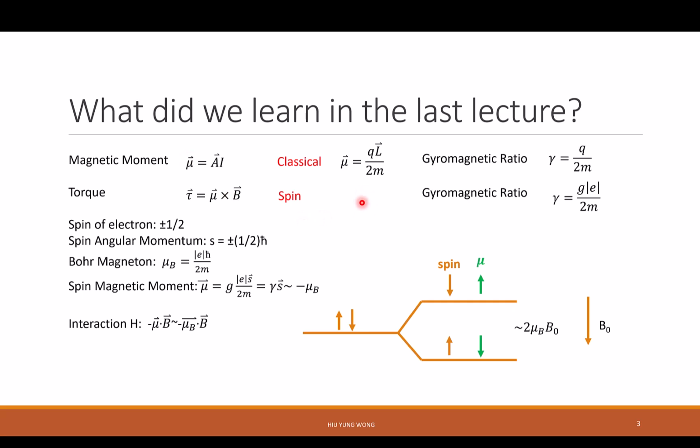Classically, the magnetic moment is related to the angular momentum by this equation, q over 2m, where q is the charge, m is the mass of the particle. And we sometimes just call it gamma, which is the gyromagnetic ratio, which means they try to relate the angular momentum to the magnetic moment, a good way to memorize.